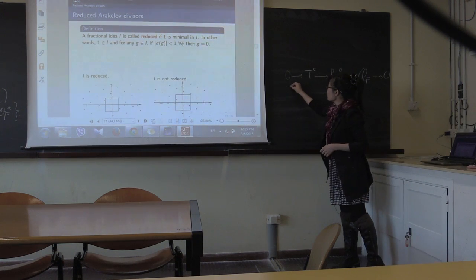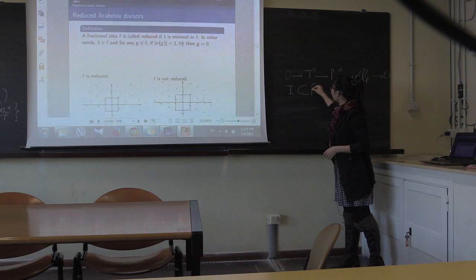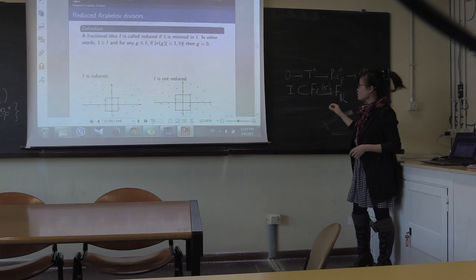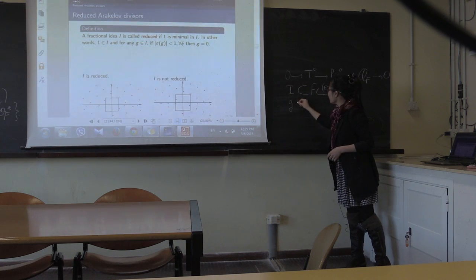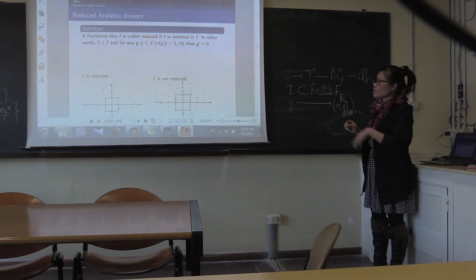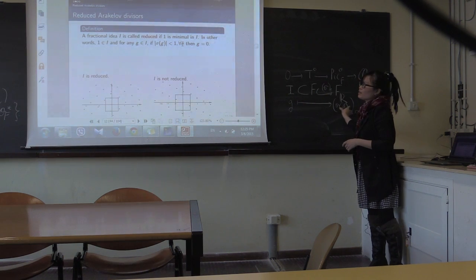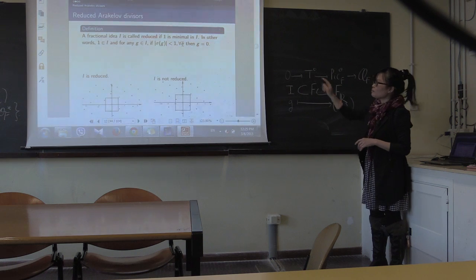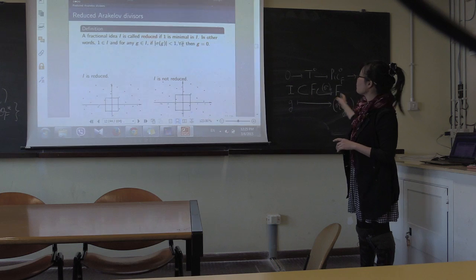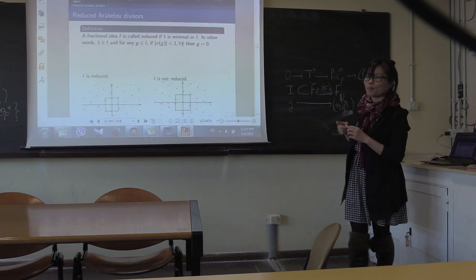Because I is a fractional ideal of F, you can imagine it in F_R via the infinite embeddings sigma. Any element g, embedded, becomes the vector sigma(g) in F_R. Minimal means the coefficients of this vector are minimal, and 1 minimal means you cannot find any non-zero element with all coefficients in F_R less than 1 strictly.